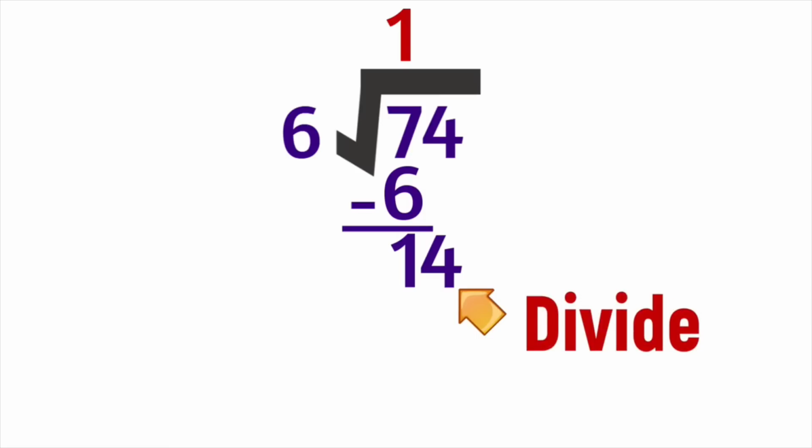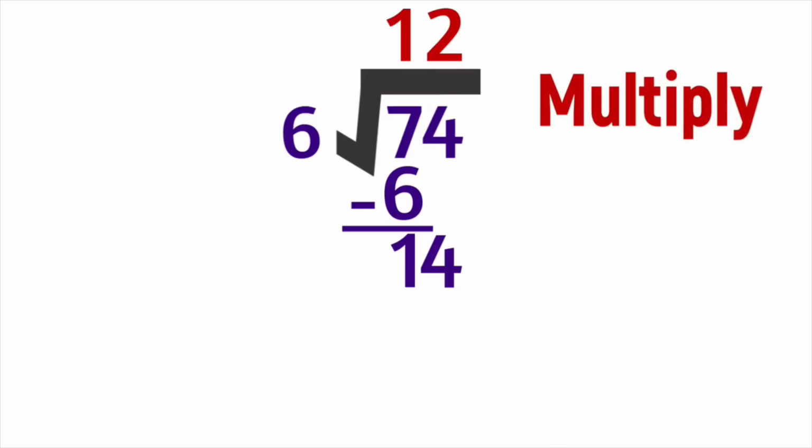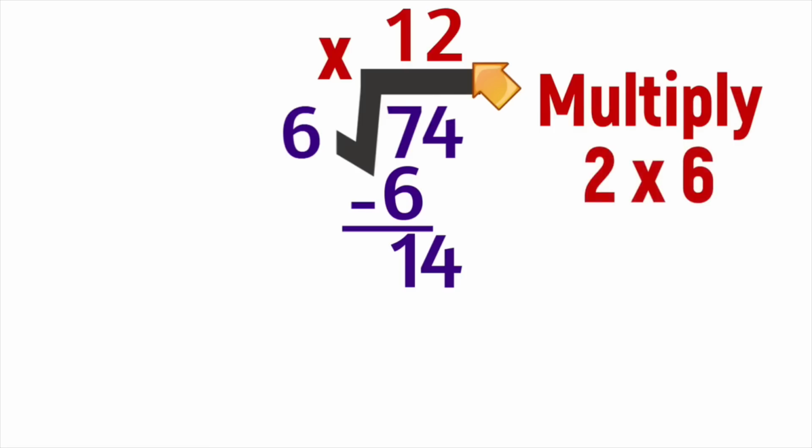Divide. How many times does 6 go into 14? 2 times. So we put the number 2 right here on top of the bracket. Next, we multiply again. This number 2 times 6. What is 2 times 6? 12.